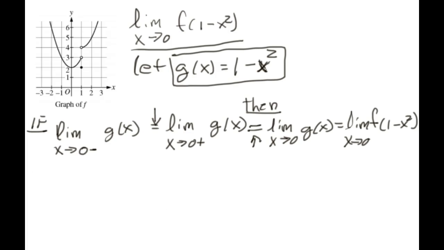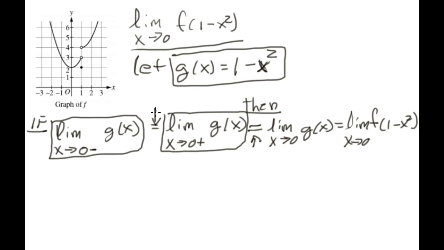Okay, so if you buy that set of equations, what I need to do is find the value of this and find the value of this, and if they're equal, I'm done, and that will be the value that I want here. Okay, so let's investigate this first.